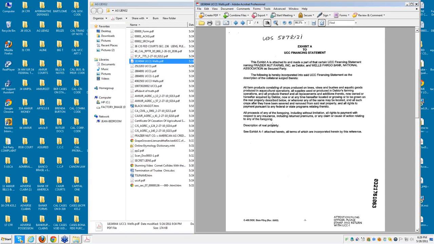You notice it says in there, the borrower covenants that he is lawfully seized of the below described property, and hereby transfers all right, title, and interest in the below described property to the lender.